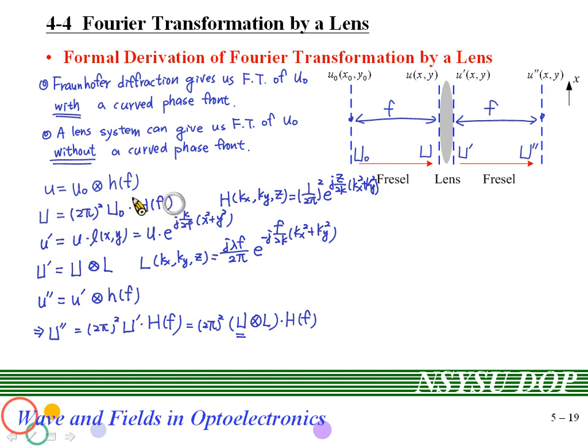So take this result back into here, then we can have capital U double prime written as this equation.